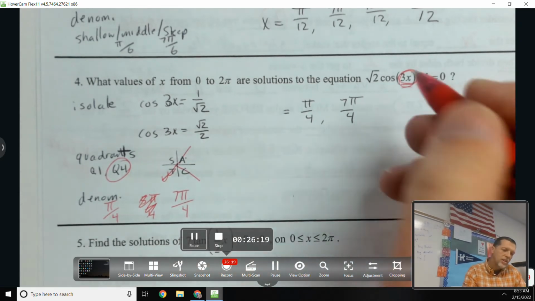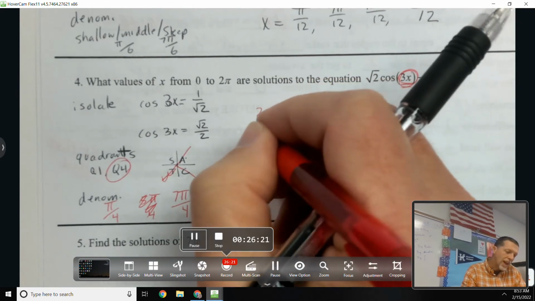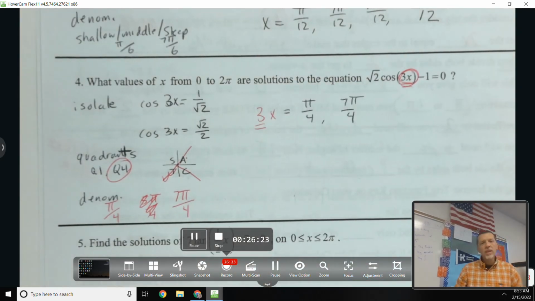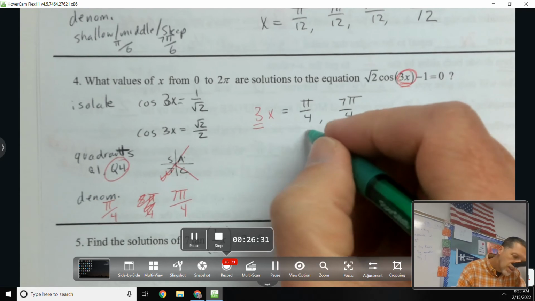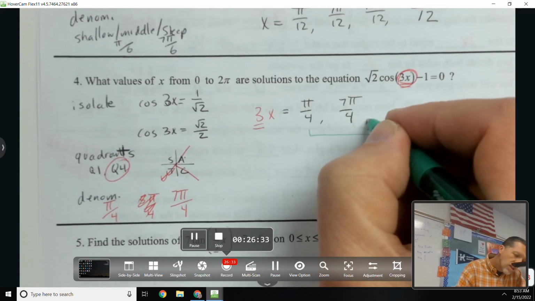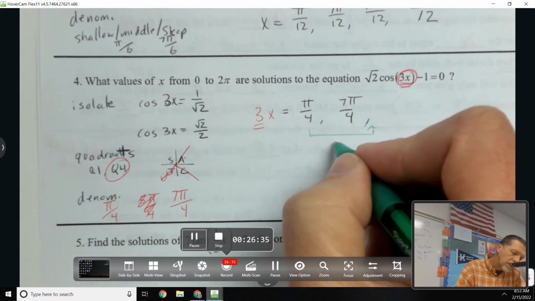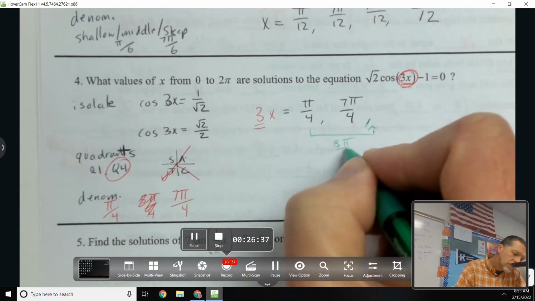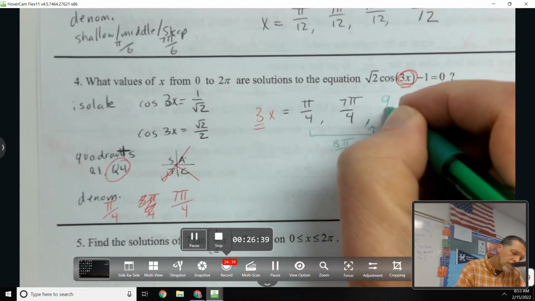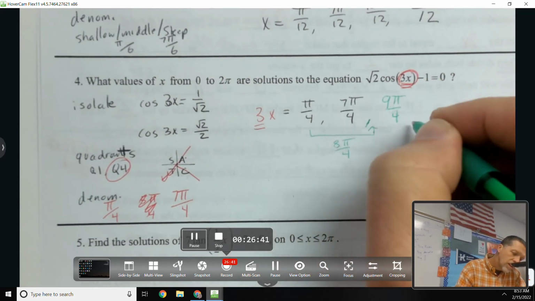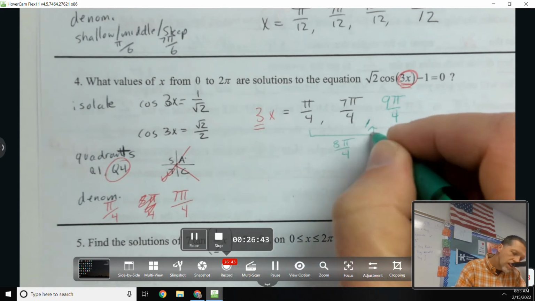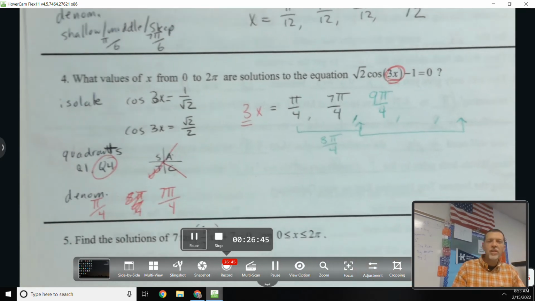3x. So again, I haven't handled the 3 yet. I need to add 2 pi. So let's see. So that would be 8 pi over 4. And I'm going to skip one so that I put them in order.